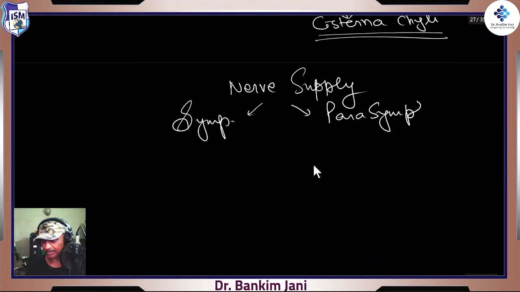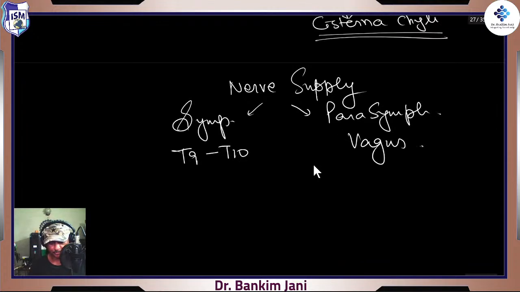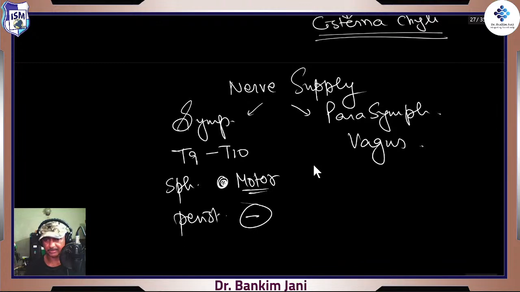Okay, this is now the sympathetic and parasympathetic supply, won't be writing much about it. As you know, the root values are T9 to T10, and the parasympathetic is the vagus. What the sympathetic would do is say, okay, sphincter, you be closed, so it supplies the motor to the sphincter, and there is no need for peristalsis, so it inhibits peristalsis.